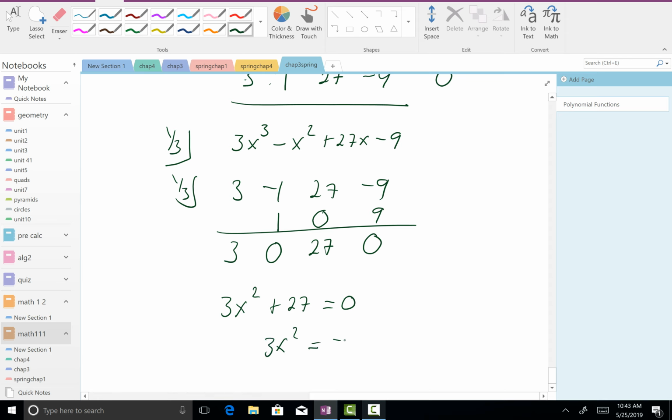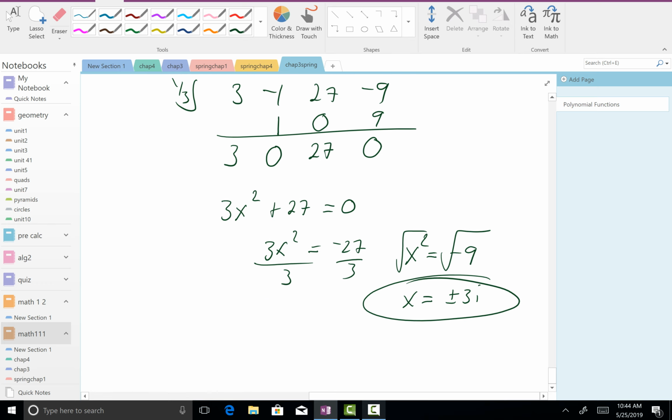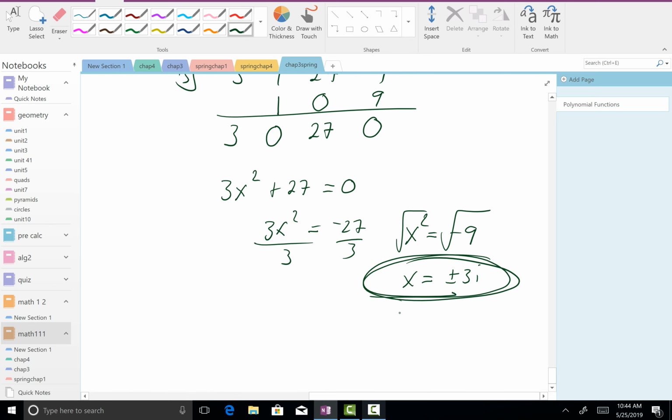X is equal to plus or minus 3i. Okay, so here's my solutions. Here's a solution. And 4, I think. Was it 4? No, -2, right? Those are my 4 solutions.